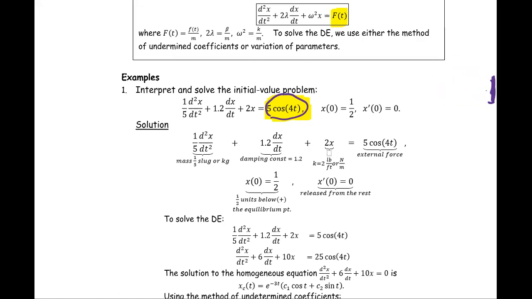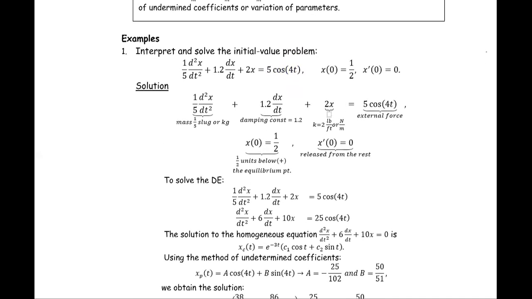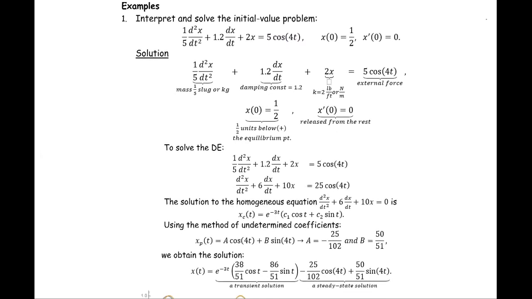For the first one here, just to explain what's going on in the equation, I did the whole thing for you, so I will walk you through real quick. As you see, this is 1 over 5 times the acceleration, plus 1.2 times the velocity, plus 2 times x, equals 5 cosine 4t, with the initial position and initial velocity.